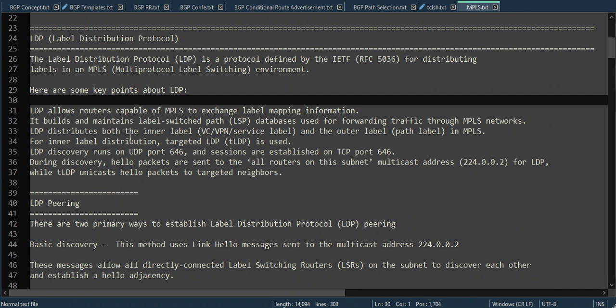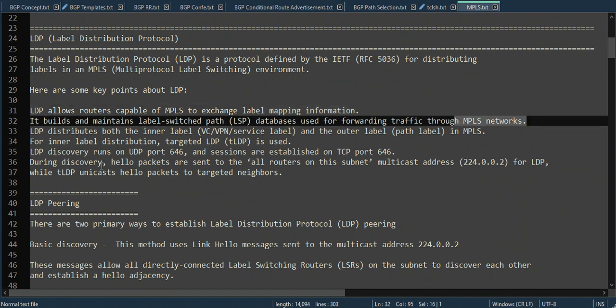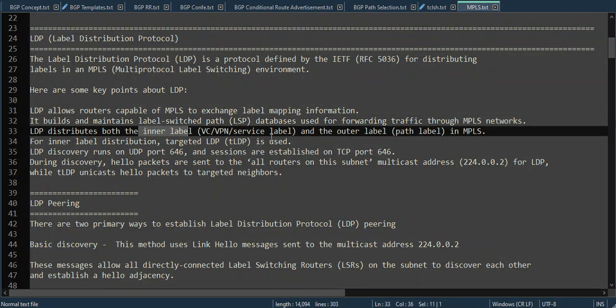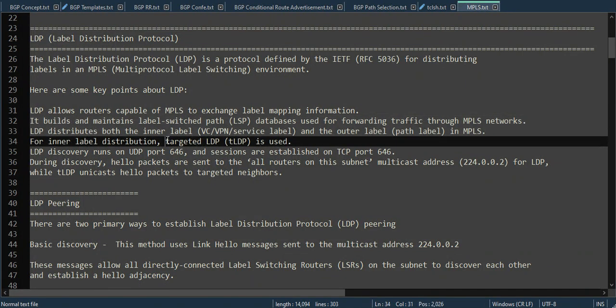LDP allows MPLS-capable routers to exchange label mapping information. It builds and maintains label switch path, or LSP, databases used for forwarding traffic in the MPLS network. LDP distributes both the inner label, or VPN service label, and the outer label, or path label, in MPLS. For inner label distribution, targeted LDP is used.